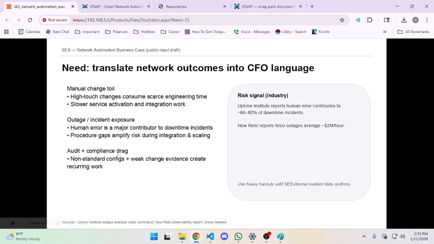Audit and compliance drag: non-standard configs and weak change evidence create recurring work. So signal risk, industry: Uptime Institute reports human error contributes to 66 to 80% of downtime incidents. New Relic reports telco outages average about $2 million per hour. So we can use heavy haircuts until SES internal incident data confirms.